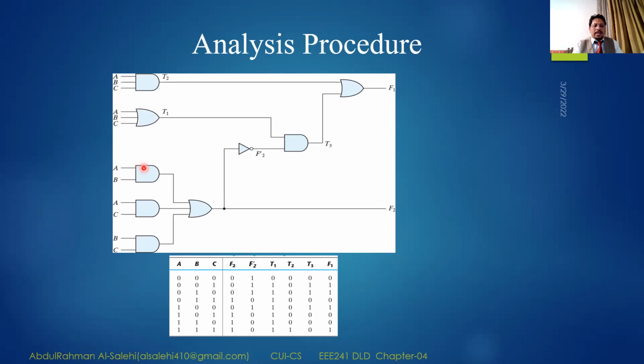The third one is an AND gate with 2 inputs, A and B. The fourth one is an AND gate with A and C. The fifth one is an AND gate with B and C. The last 3 AND gates are basically ORed.